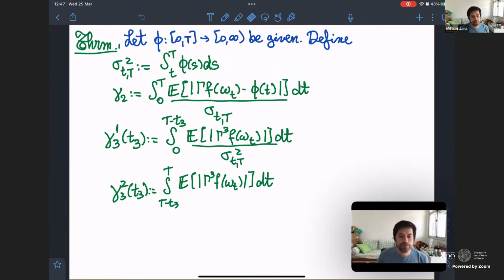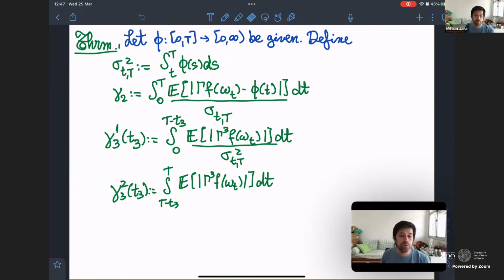So we define this gamma 3. Notice that you have to define gamma 3(1) and gamma 3(2), because the integral defining gamma 3(1) is usually not convergent. If phi is more or less constant, then sigma squared grows linearly in time. So you integrate something divided by t, which has a logarithmic divergence.